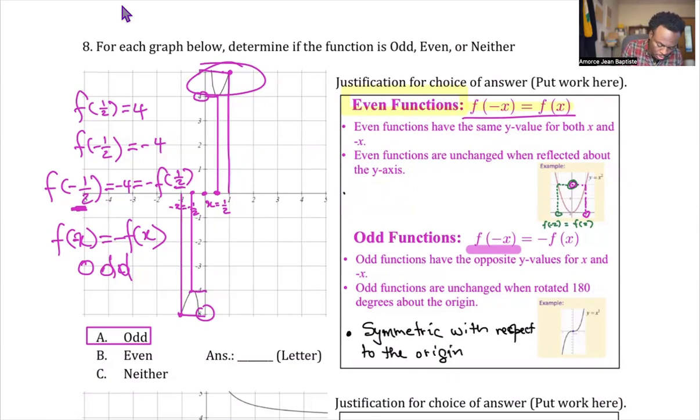And here, symmetric with respect to the y-axis.